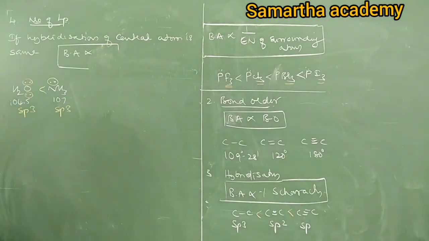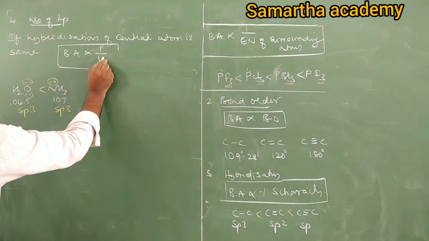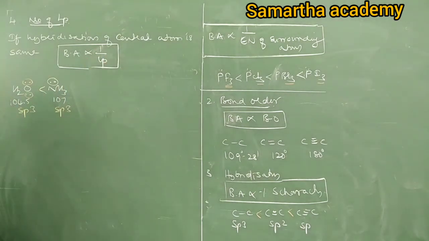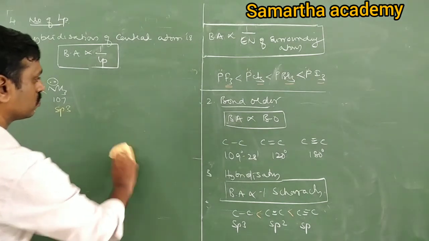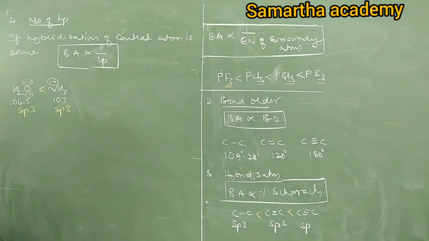Yes, this is only correct. So more lone pair, less bond angle, if the hybridization of the molecule is the same. Don't take HF, that may be an exception. We'll study it later, in the 17 group elements.